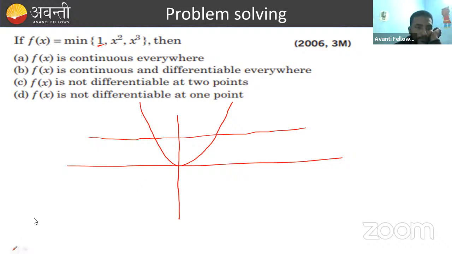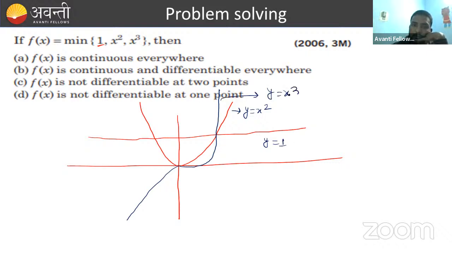And the third one is x cube, which will be like this and like this. So this is your y equals x square graph, this is your y equals 1 graph, and this is your y equals x cube graph.